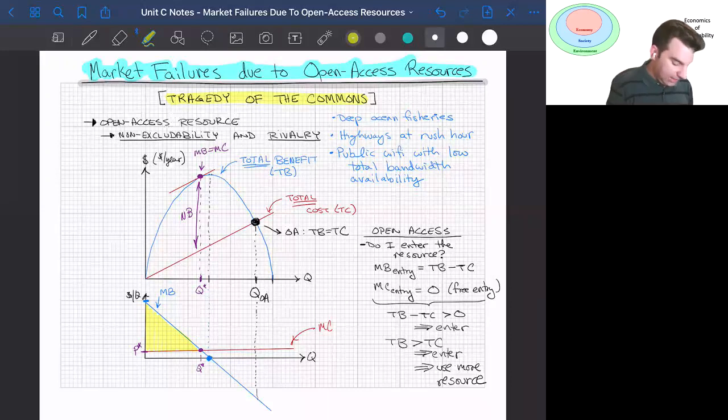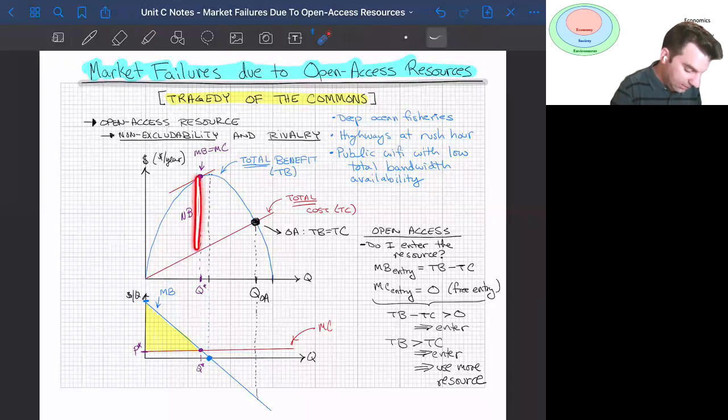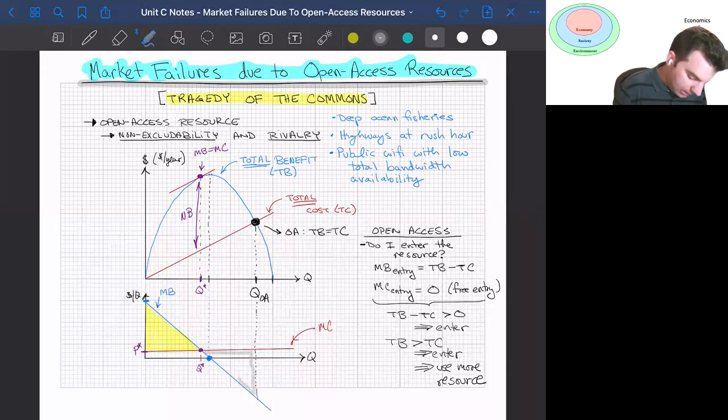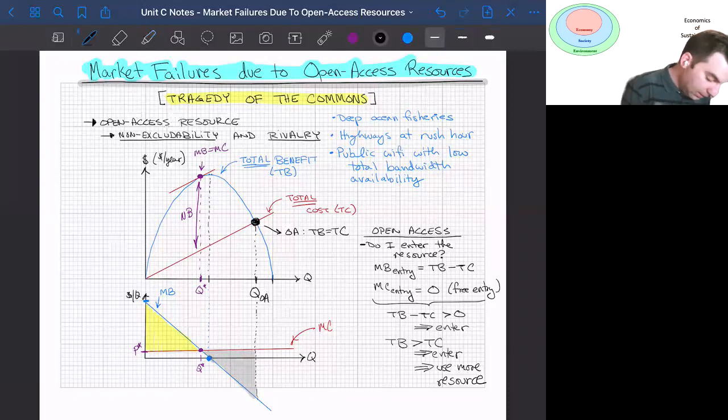So this area that I've highlighted in yellow is equivalent to this net benefit right here. Now, the interesting thing is that the area to the right of this here is the deadweight loss, the DWL. So this is by operating at the open access condition.